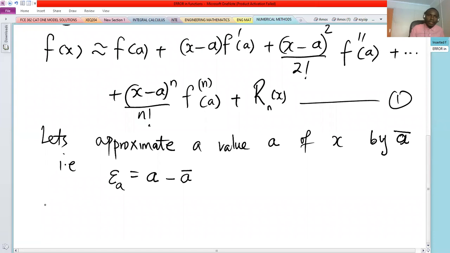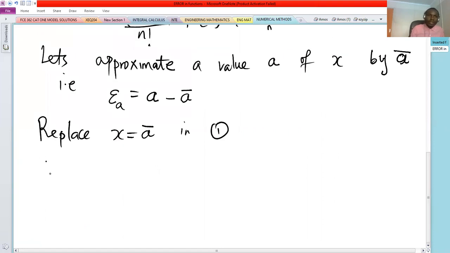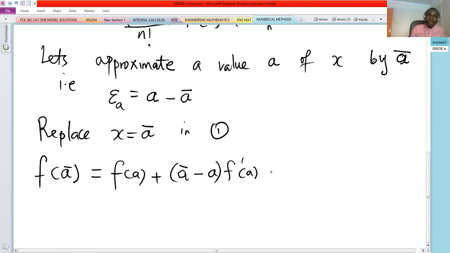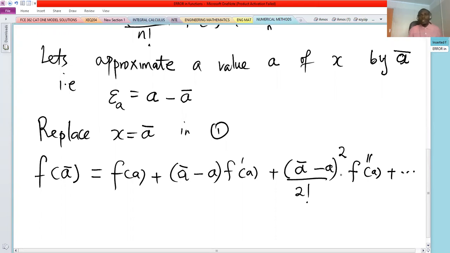So replace x by a bar in equation 1. That gives us f at a bar, the approximate value, equals f of a plus (a bar minus a) times the first derivative at a, plus (a bar minus a) raised to the power 2 divided by 2 factorial times the second derivative at a, plus other terms of the same pattern.